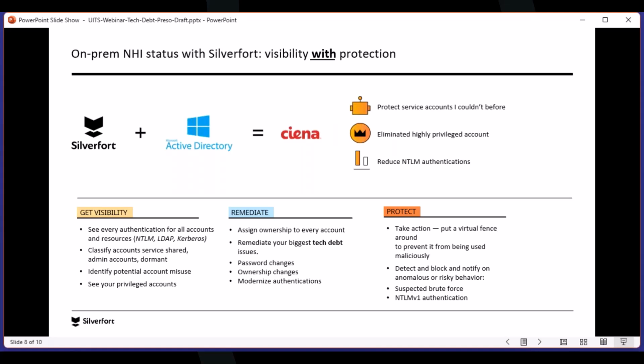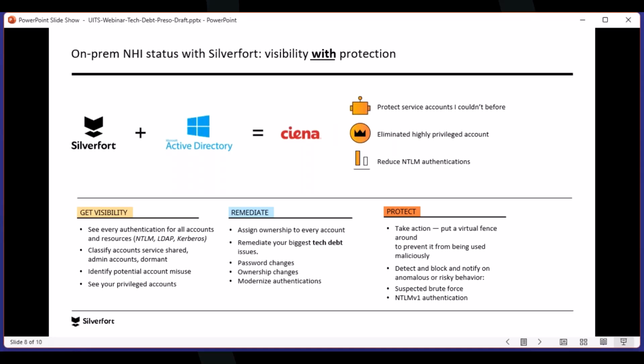If something authenticates within Active Directory, you can challenge MFA against it. And I know that Dora is going to talk a little bit about some of those controls and give you a bit of a demo on things, but that was the initial use case that we had. And it kind of blew up from there, and protecting service accounts that we couldn't protect before. And by protect, I mean some controls around those, some actual runtime, real-time controls.